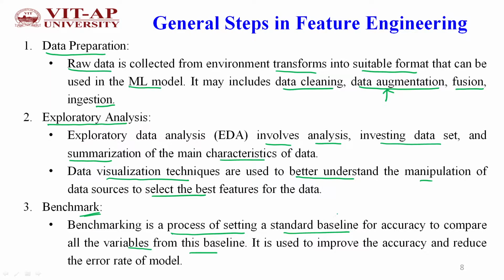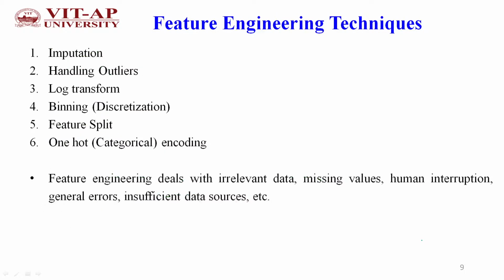So when we are designing the machine learning classifier, that classifier has to be compared with an already existing standard classifier to compare the accuracy of that existing standard classifier and our machine learning classifier. So that can be useful to improve the accuracy of our designed machine learning model and reduce the error rate.